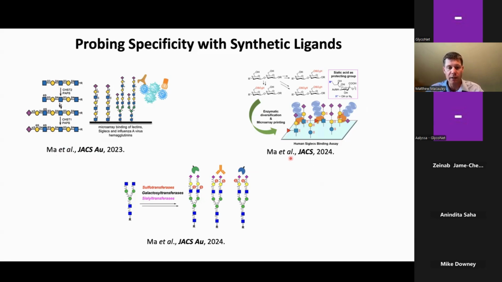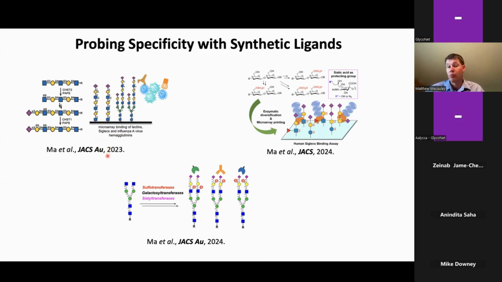The one on the right here, I think I have a copy paste error on my references, I apologize, but the one on the right here is from the Wen and Wu lab, and the one on the bottom here is sulfated N-glycans, and that's from Lai-Xi Wang and Jim Paulson's lab. We contributed to a couple of these different studies, but all 3 of them actually used our first generation Siglec probes. So I would encourage you to go look up these studies.